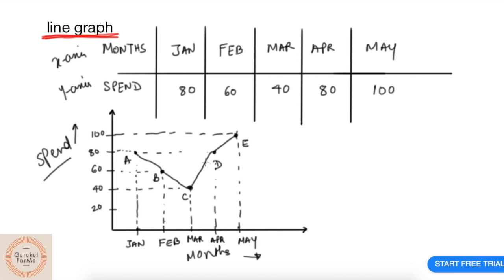However, from C to E, it's an upward trend. So a graphical picture like line graph or a bar graph, pie chart or a histogram is extremely useful as compared to any tabular data that you see here, which is relatively difficult to interpret. But when that data is put into a graphical form, it becomes easy to interpret, faster and more decisive.